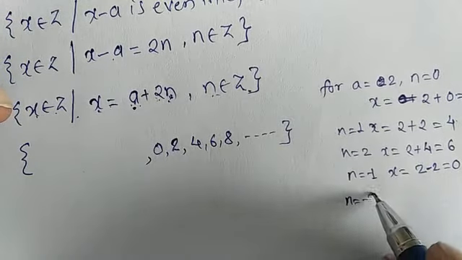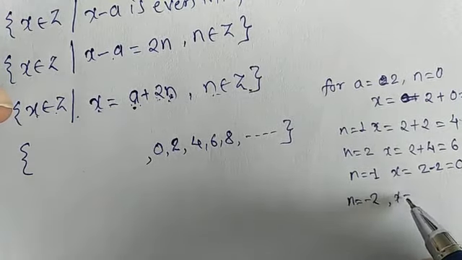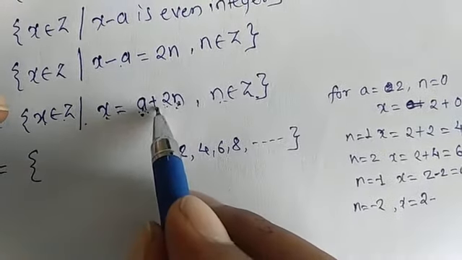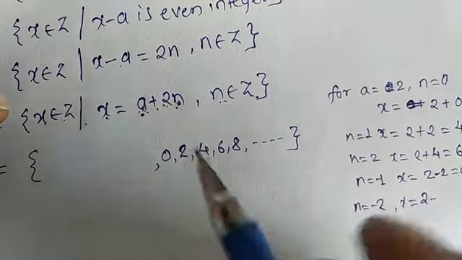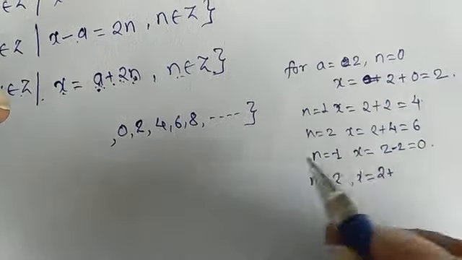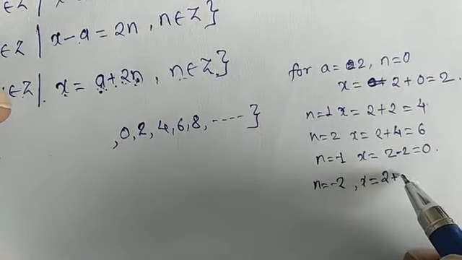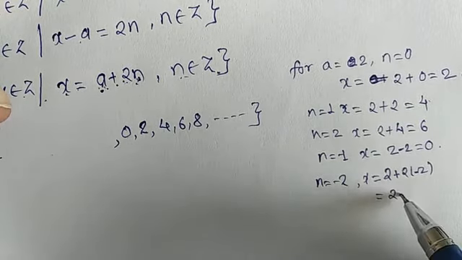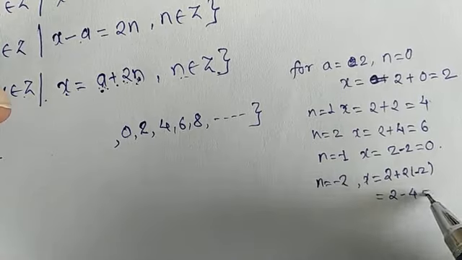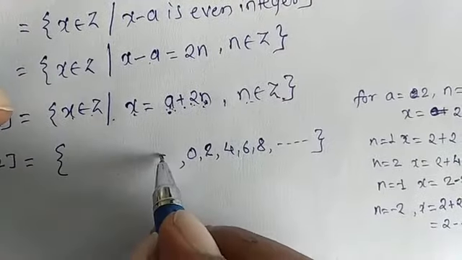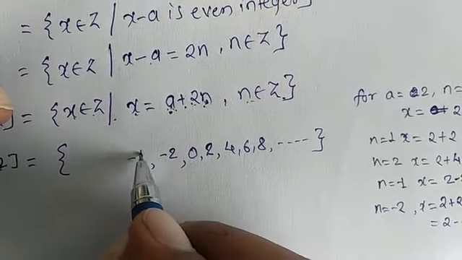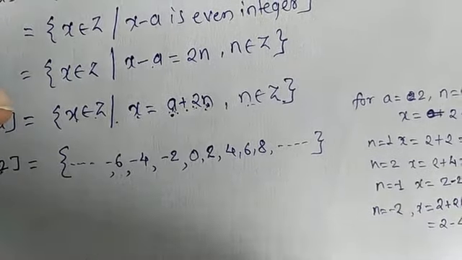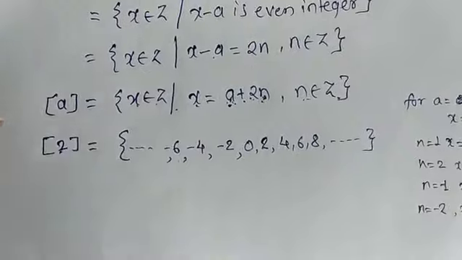For n is equal to minus 2, x is equal to 2 plus 2 into minus 2, which is 2 minus 4, equal to minus 2. So here it will go minus 2, after that minus 4, after that minus 6 and so on. So this will be the equivalence class of 2.